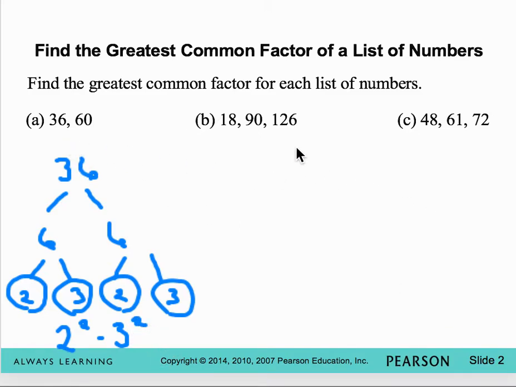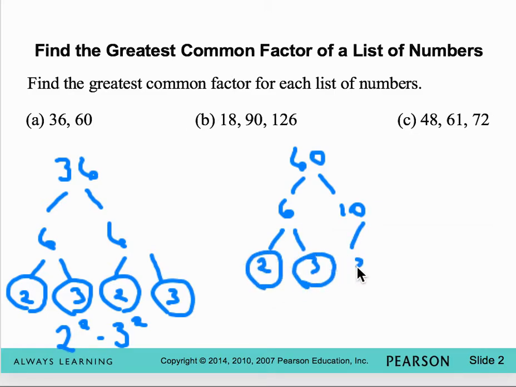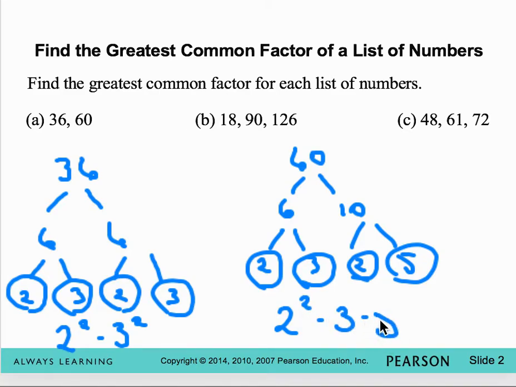If I did it for 60, 6 times 10, 2 times 3, and 2 times 5. So this is 2 squared times 3 times 5.